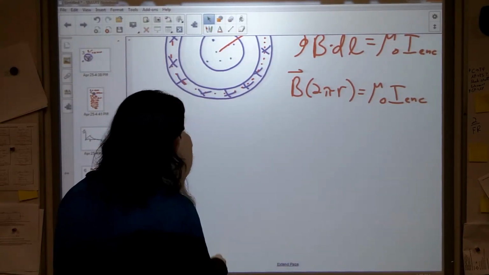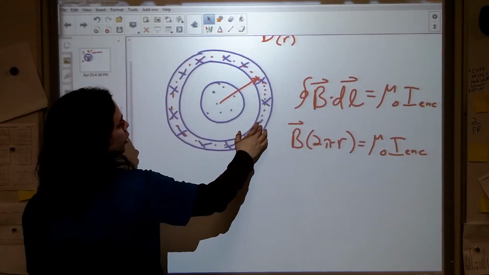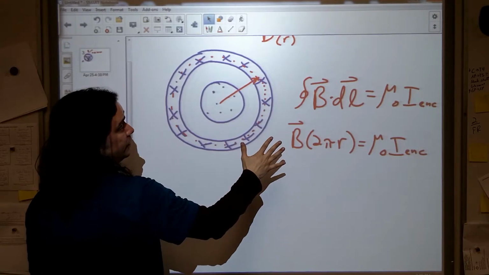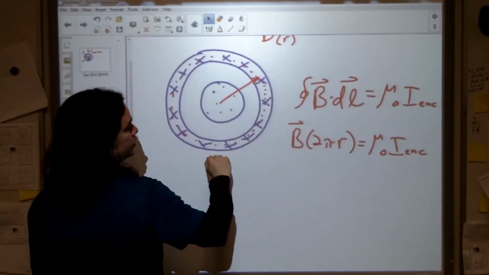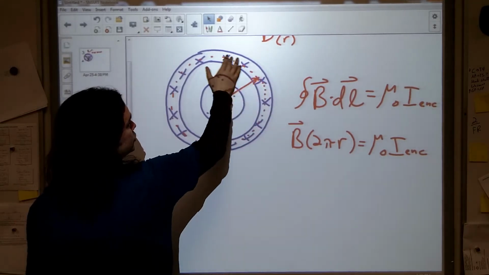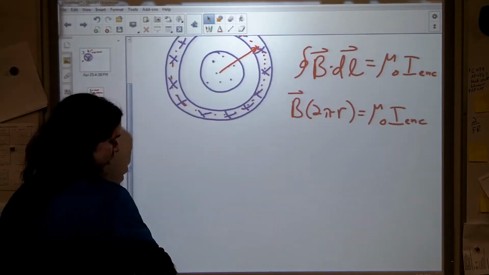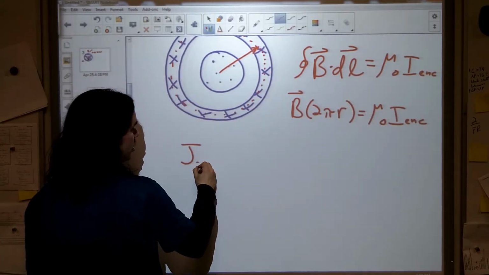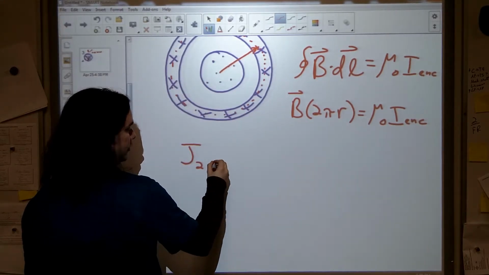All right. Here's the thing. We know that we've got the current I. We could call it negative I, in fact, because it's going into the board. Keep track of the direction, but we'll add that in just a minute. For now, to avoid dealing with the extra negative, I'm just going to see what happens as I spread this out. Now, I need to find my current density for this second wire, this ringed wire, if you will.